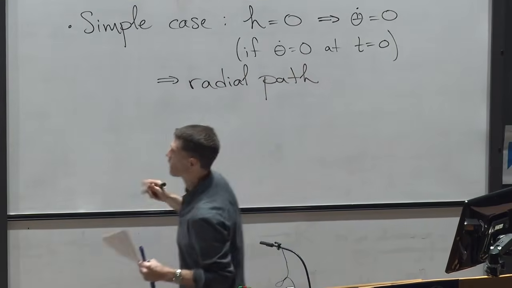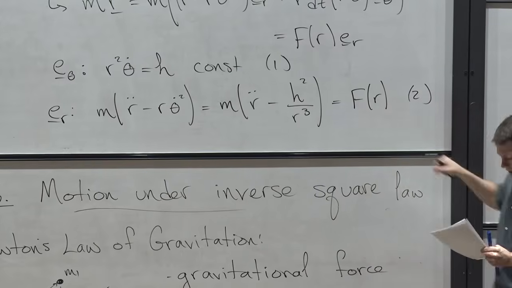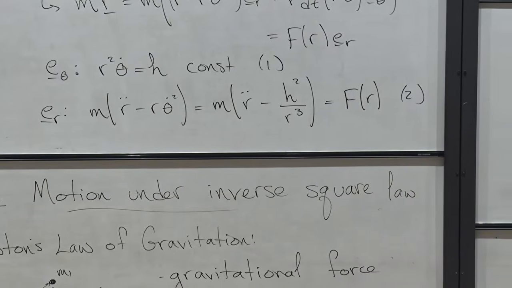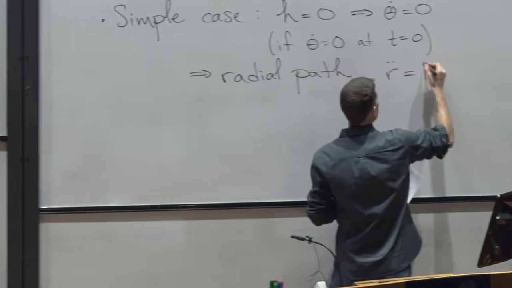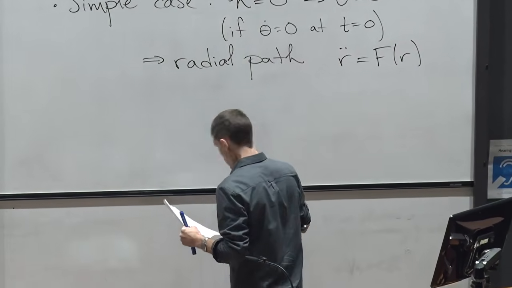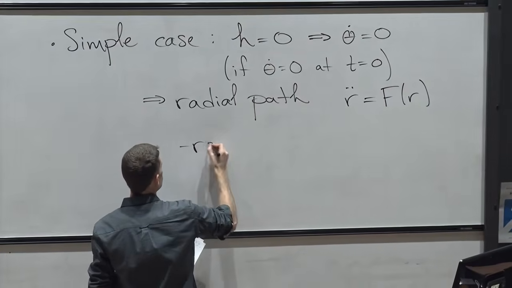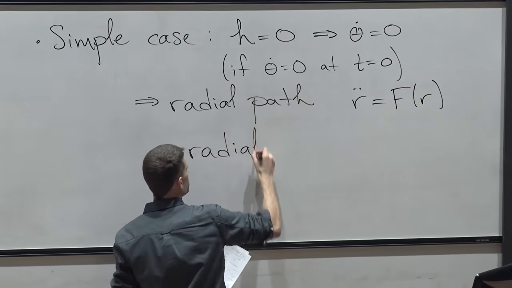In other words, this equation becomes a lot easier. It just says r dot dot is f of r. And that's called a radial Kepler trajectory.